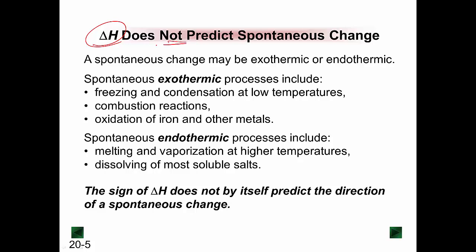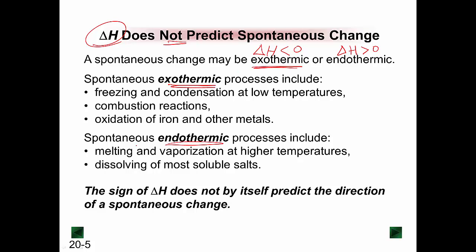All delta H tells us is that you have an exothermic process when delta H is less than 0, and you have an endothermic process when delta H is greater than 0, but it does not tell us whether or not a change will be spontaneous.